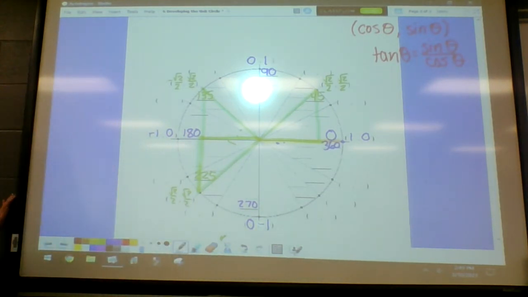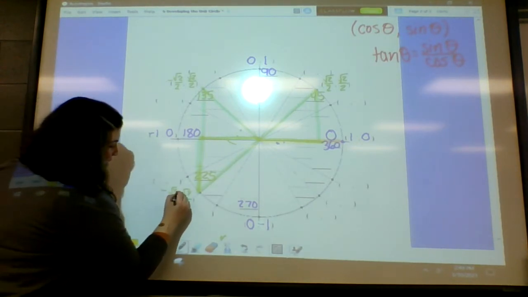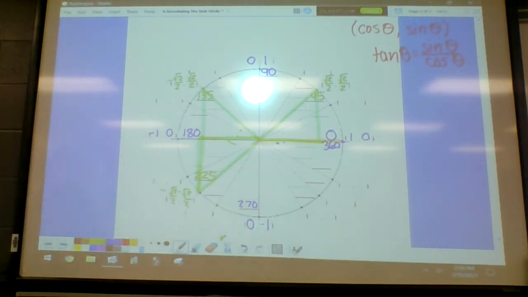But in this quadrant, what do we do with the negatives? They're both negatives, yes. So cosine, negative square root of 2 over 2. Sine, negative square root of 2 over 2. Tangent would be positive 1.